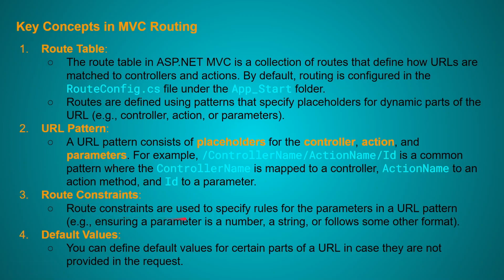Route constraints are used to specify rules for the parameter in a URL pattern. Example, ensuring a parameter is a number or a string or follows some other format. Default values. You can define default values for certain parts of the URL in case they are not provided in the request.